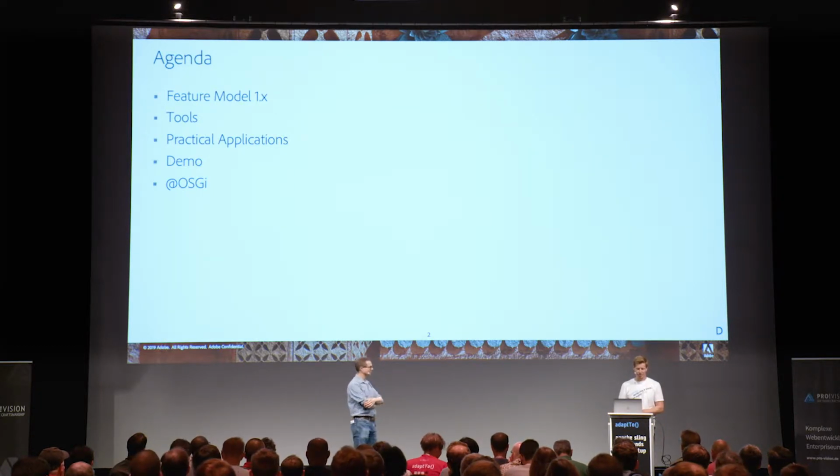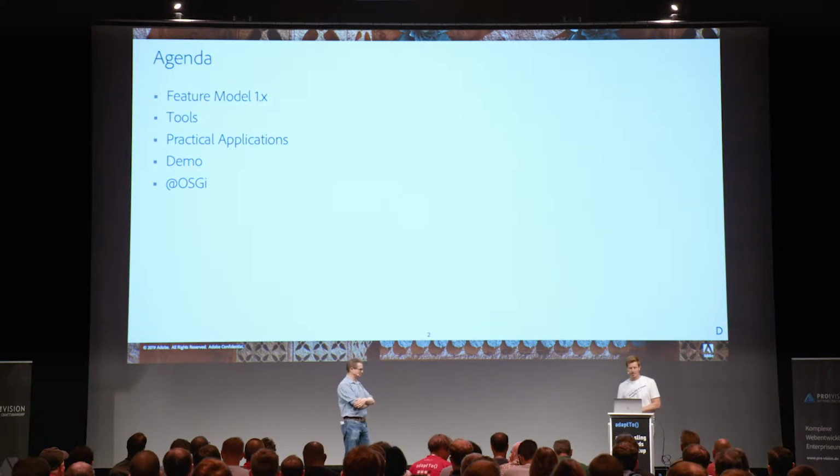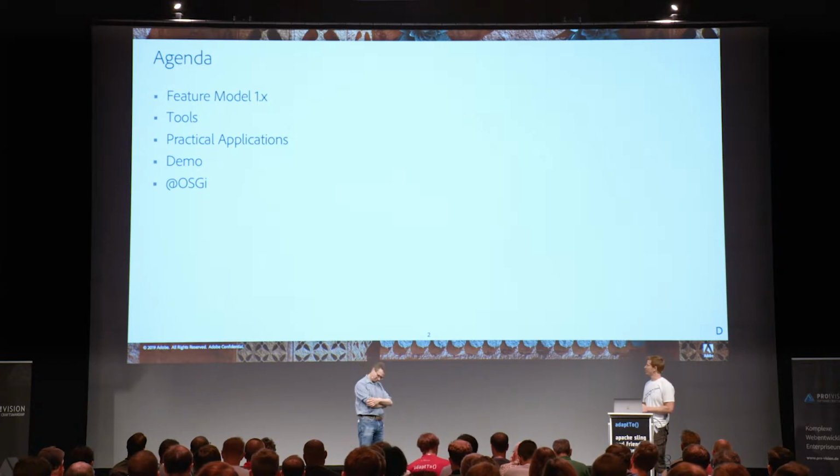We're going to first talk about the feature model again, now in its final form, how it looks, what extensions we have, what is there. Then I'm going to talk really quickly about the tools and show a demo. It is the same stuff that I had with Radu in our talk on the first day.